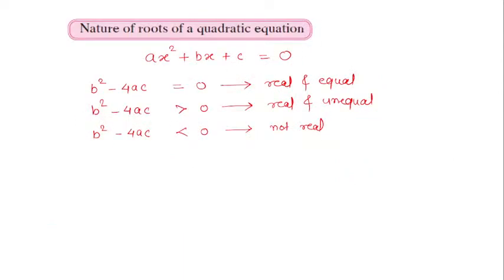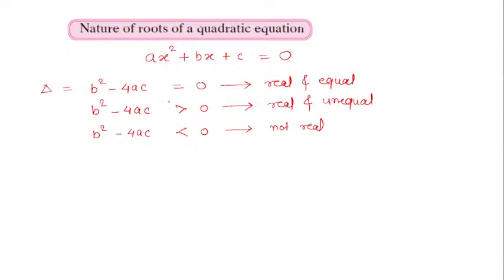Let's recap the nature of the roots of a quadratic equation based on the value of the discriminant, that is delta. b square minus 4ac is also called delta, the discriminant. If the value of this discriminant is equal to 0, then the roots are real and equal.